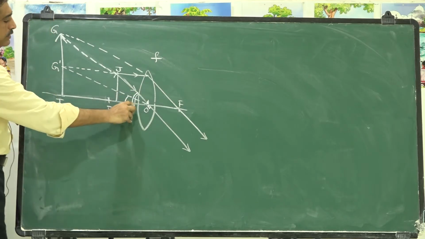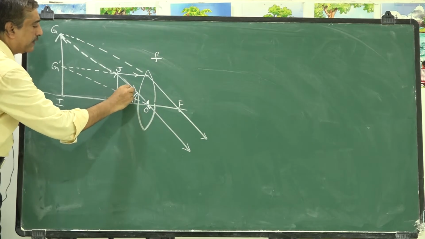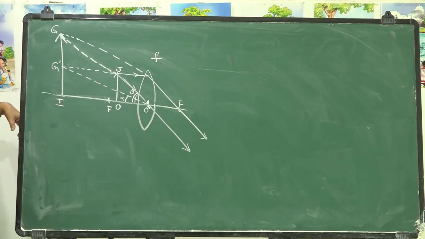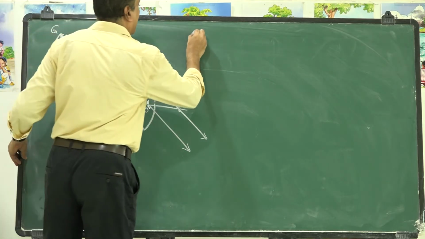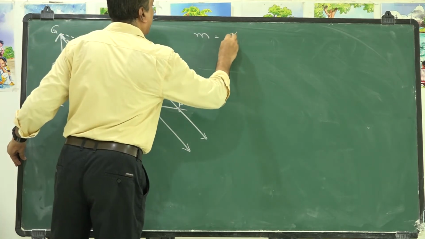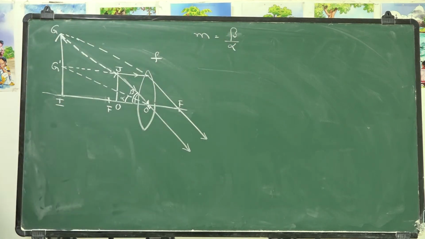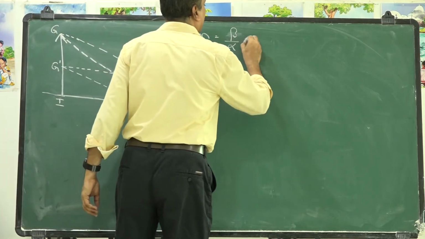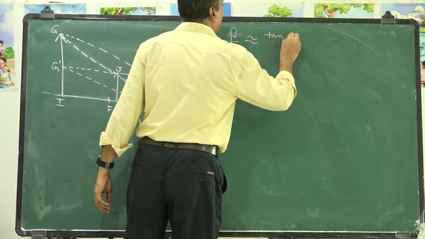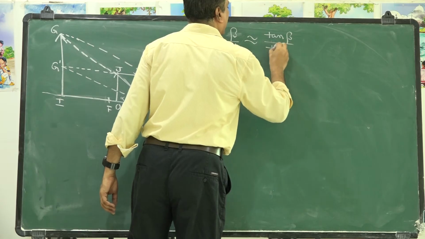So I write like this. Indicate by two lines, this is beta and this is alpha. Now the magnifying power M is equal to beta by alpha. So for small angles we can consider this as approximately equal to tan beta by tan alpha.